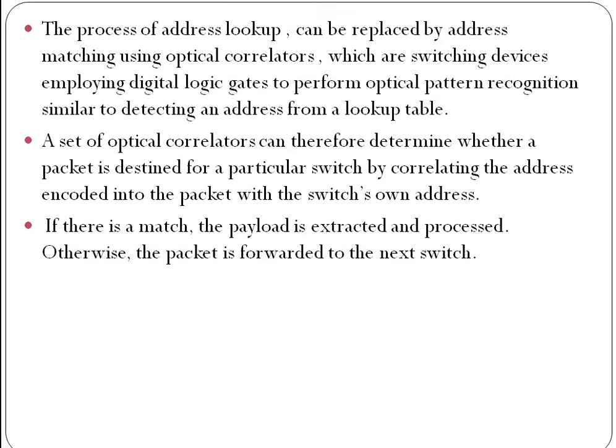So these optical correlators are an alternative to the address lookup table. A set of optical correlators can therefore determine whether a packet is destined for a particular switch by matching the address encoded into the packet with the switch's own address. Now, if there is a match, the data is extracted and processed. Otherwise, the packet is forwarded to the next switch.